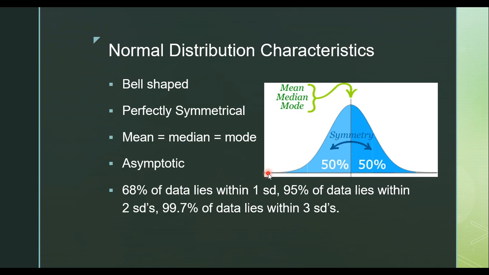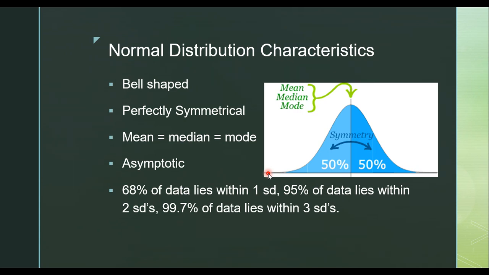So it just gets really, really, really close. And we have found these approximations that will help us in determining probabilities and different values based on if something has a natural normal distribution.